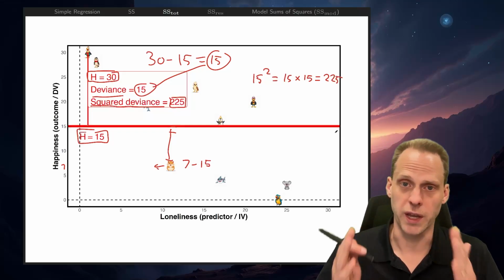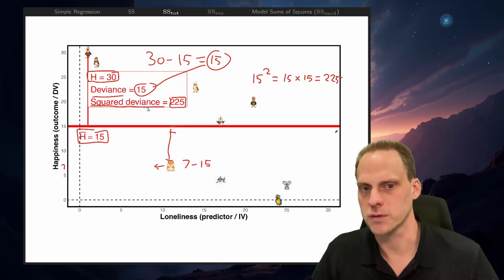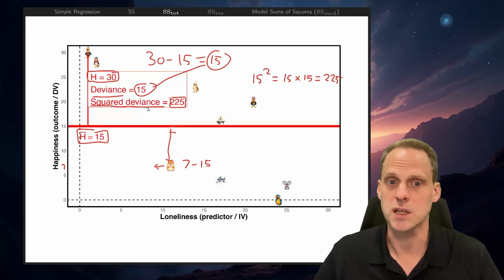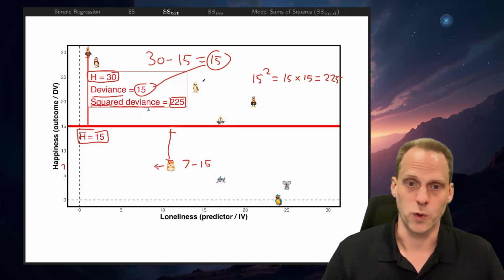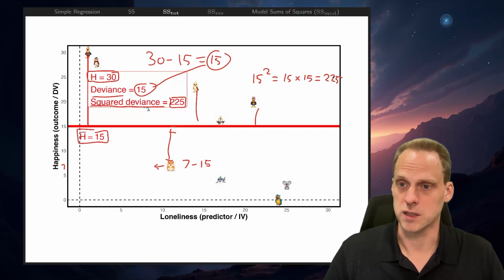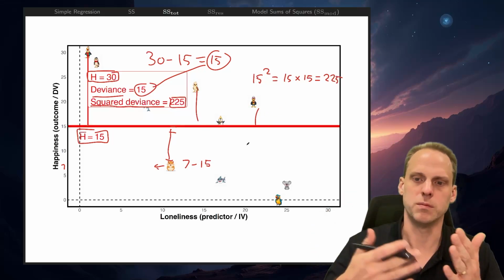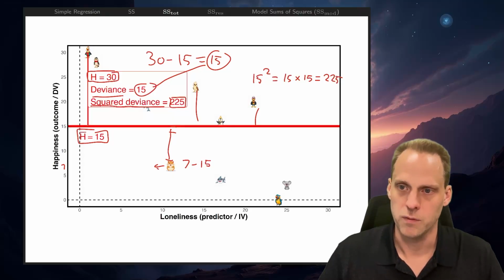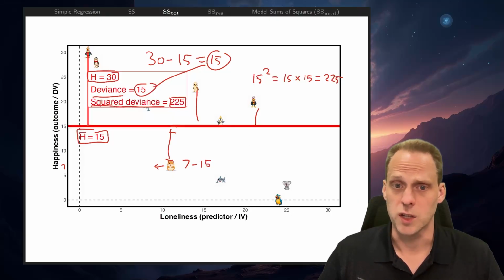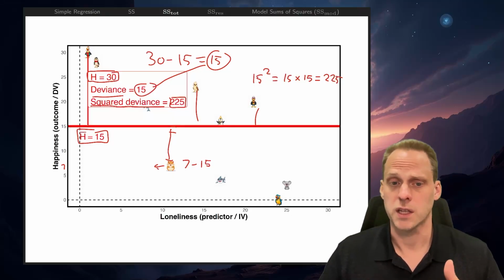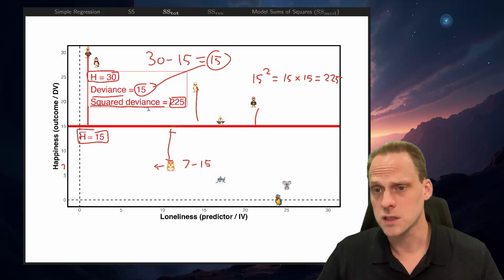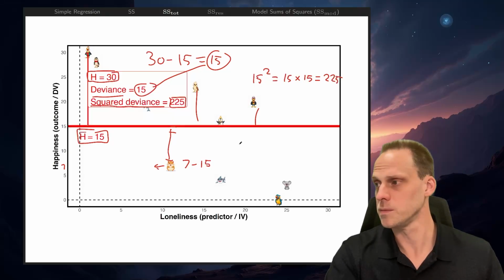If you multiply a negative number by itself, it will still be positive. So that's nice, because basically the more all these points are away from the line, the higher this number will be, and it will not become lower. Right? If the points are further away from the line, it will just be higher. We could then divide that number by n minus 1 and take a square root to calculate standard deviation, but we don't have to in this case, because this number already is interpretable.